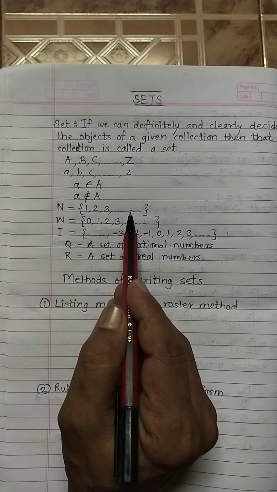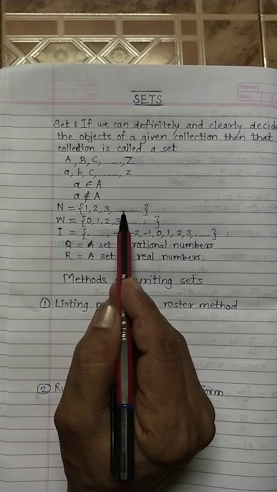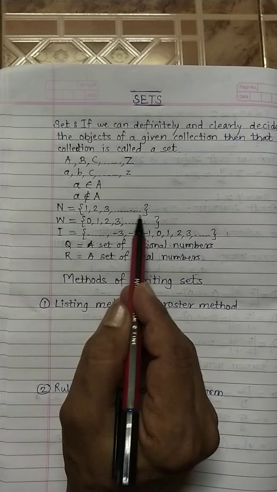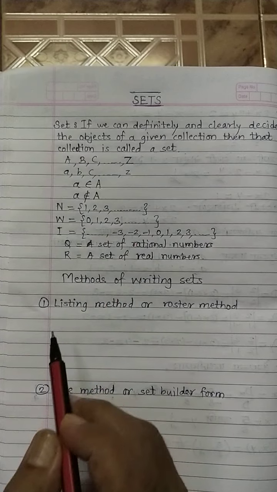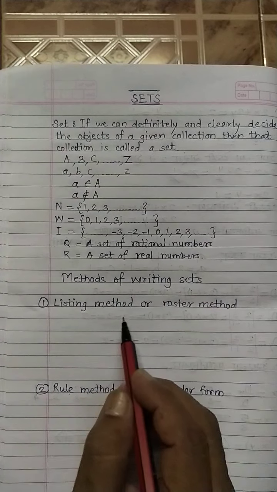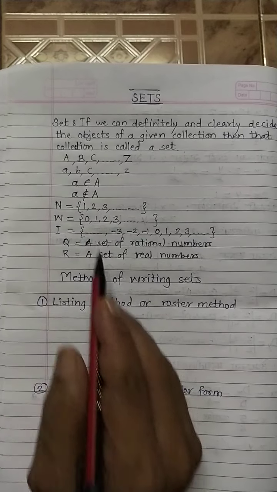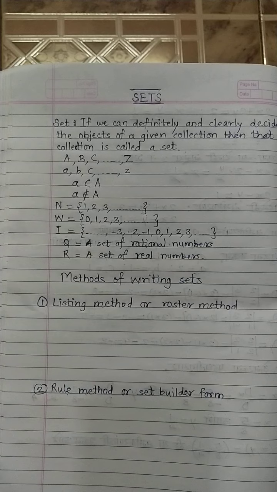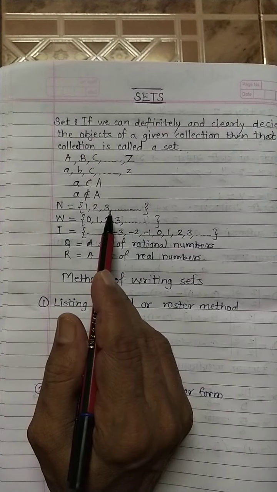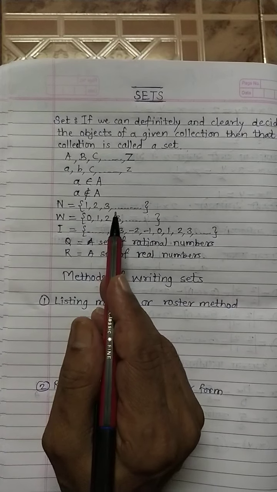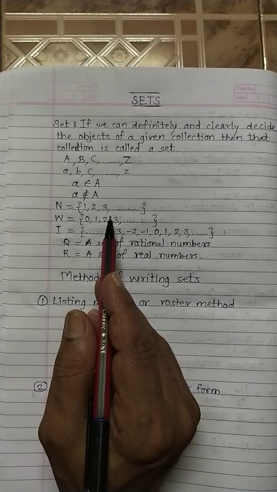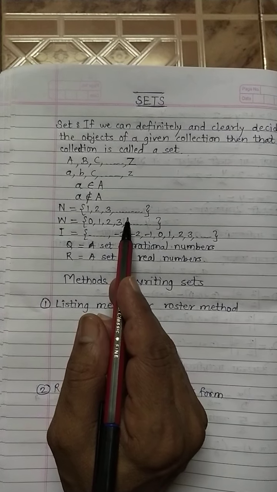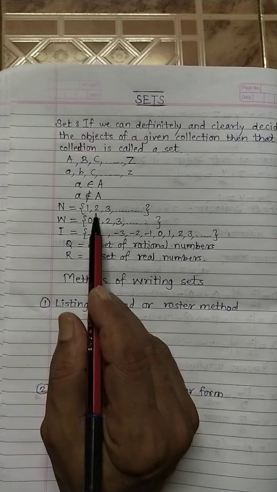These all elements in curly brackets, curly bracket you know very well. So in this method we can write all the elements of a set in curly brackets, and each of the elements is written only once. You need not repeat each element. Means each of the elements is written only once and separated by commas.